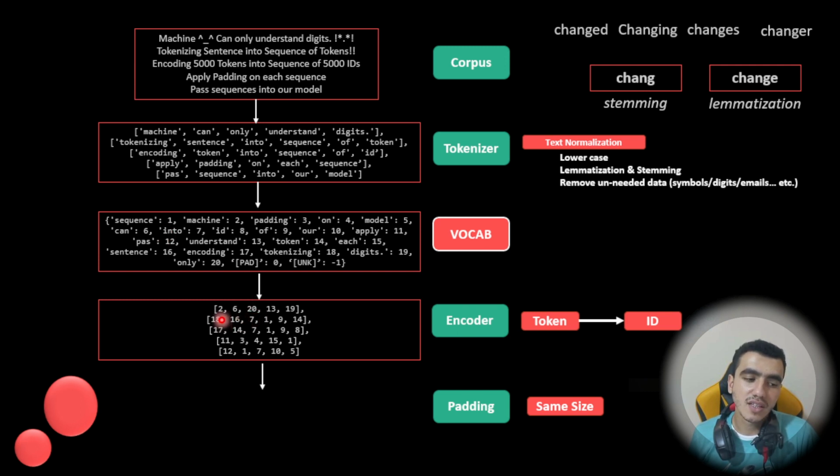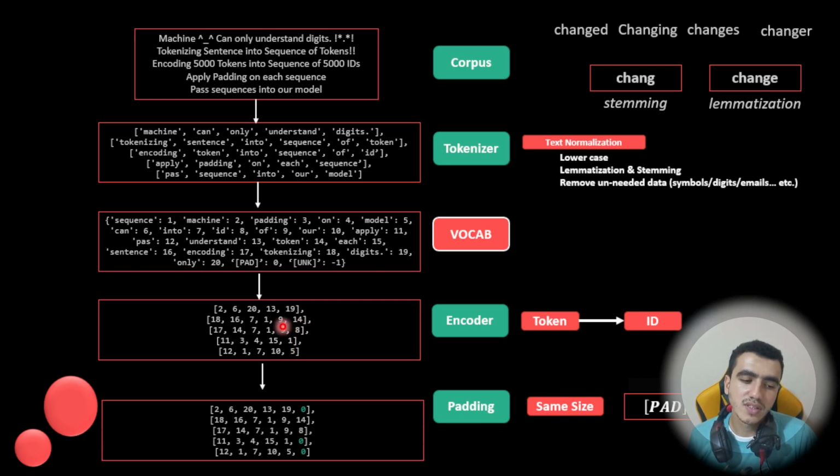If a sentence has 5 tokens and others have 6 tokens, we will add an extension to all the 5-token lists to make them 6. It can also be applied in the reverse way, truncating the 6-token lists to 5 only.